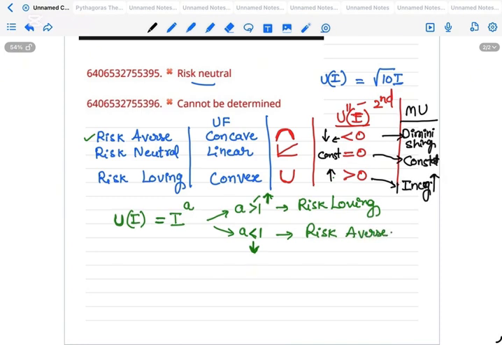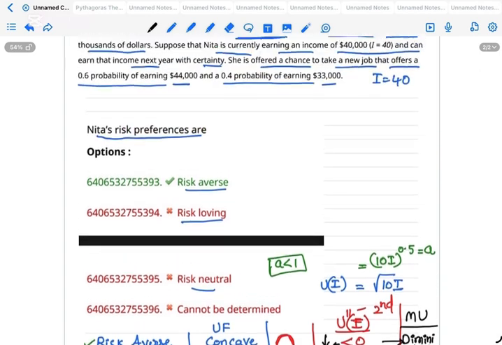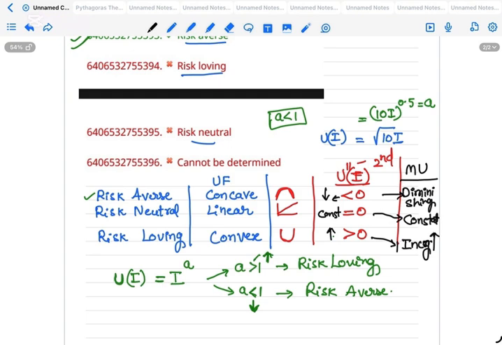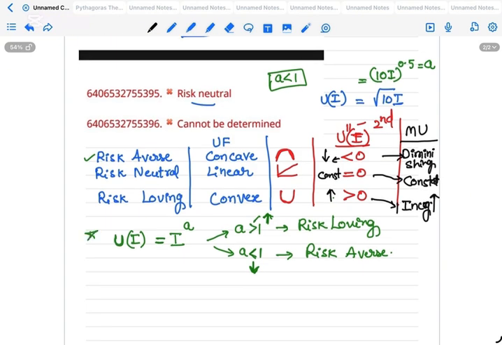In this case, 10I power 0.5, so a is less than 1, that is risk-averse. The answer for this question is risk-averse because a is 0.5, which is less than 1. This point is very, very important. These two points, this blue table and this green one, are very important.